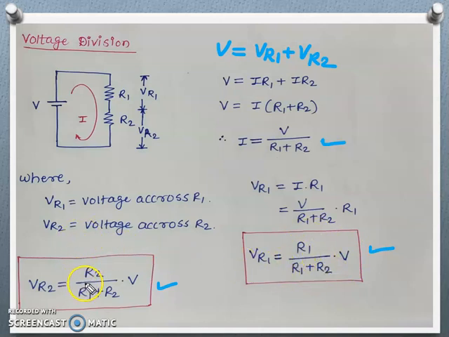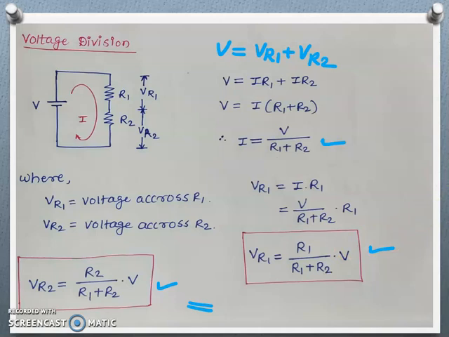If we want to calculate the voltage across R2, then it is equal to the same resistance R2 divided by R1 plus R2 into V. These will be the expressions for voltage across R1 and R2, and these two are called the voltage division rule. How the voltage is distributed across a series combination of resistors is given by this VDR, voltage division rule.